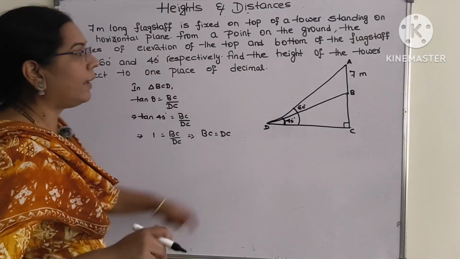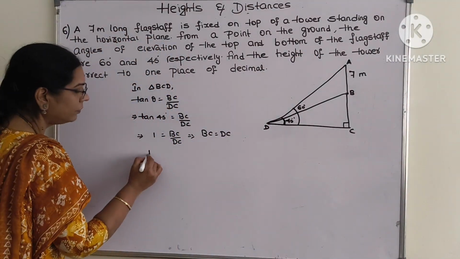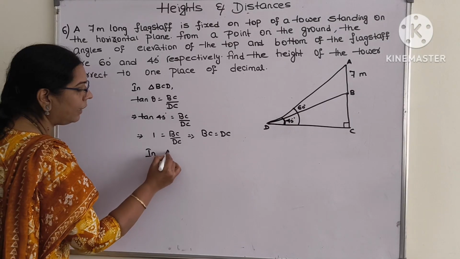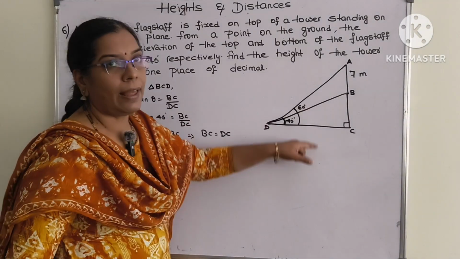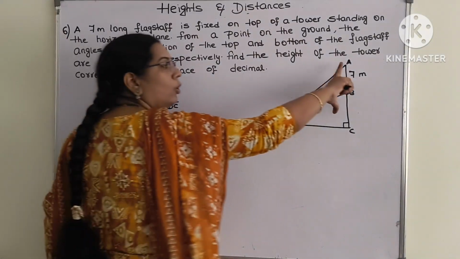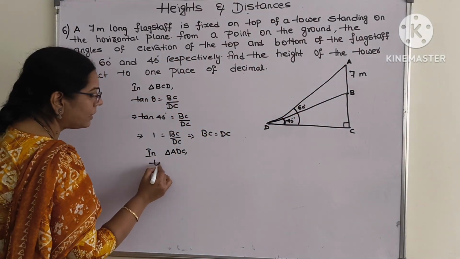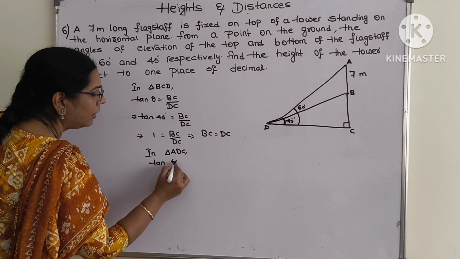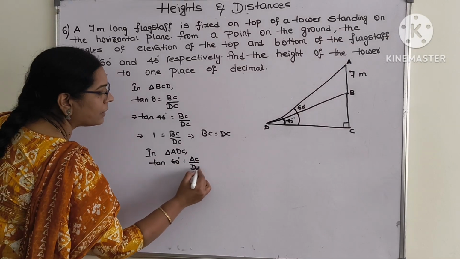Now take the other triangle, which is triangle ADC. In triangle ADC, what is the angle? The angle is 60 degrees, so it is opposite by DC. So tan 60 degrees is equal to AC by DC.